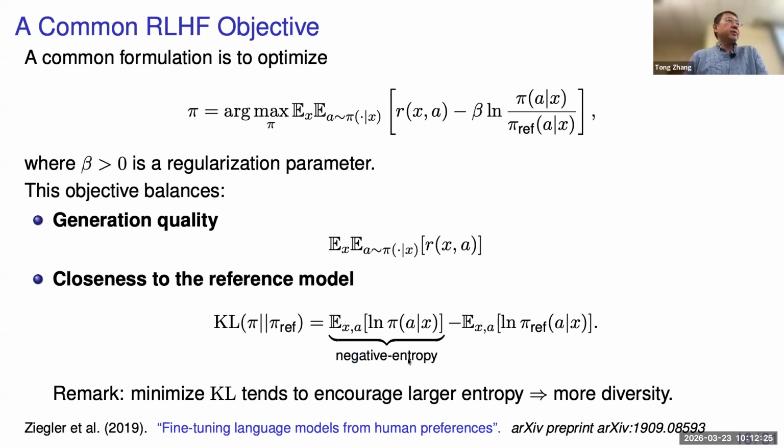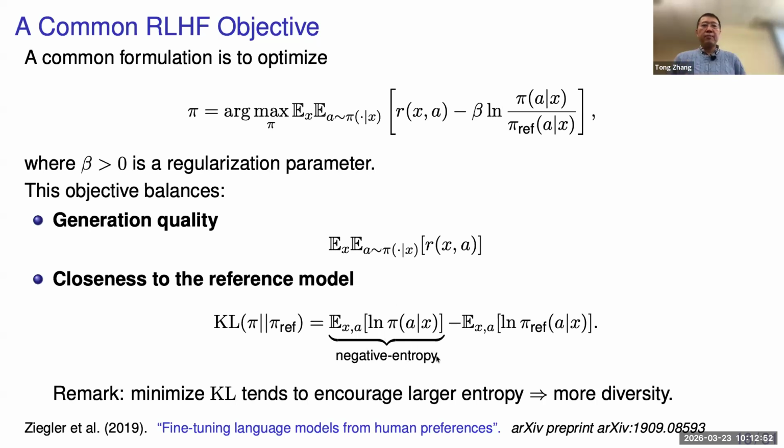And here I write it more clearly: this is a negative entropy, and this is another term, but the overall effect makes it closer to the reference model. On the other hand, if you just look at this term, it has the effect that you are maximizing minus this one, so you are favoring large entropy.